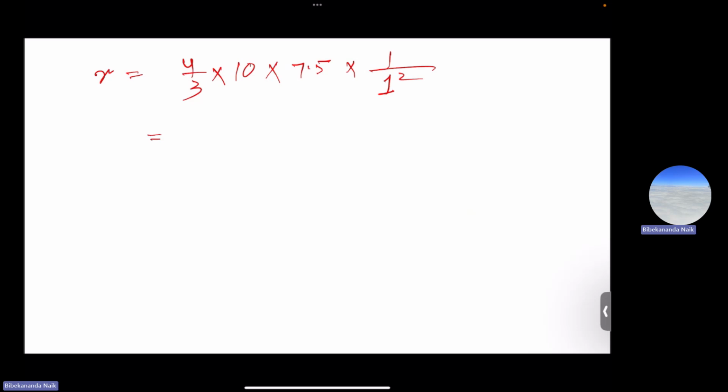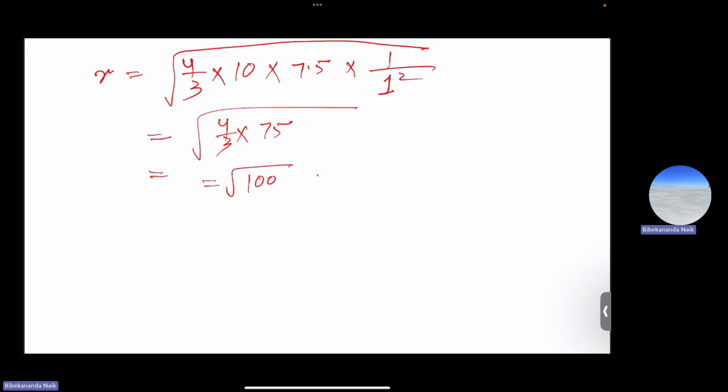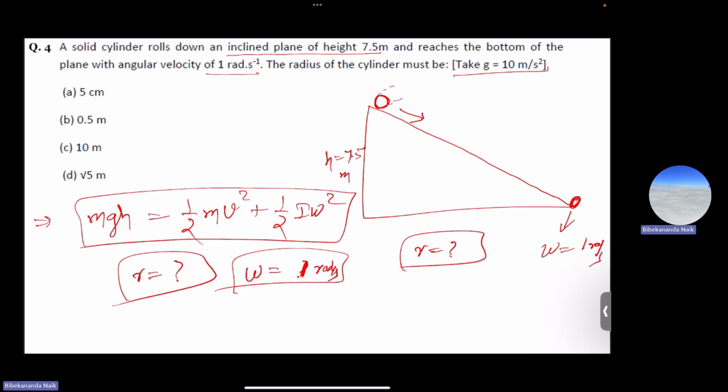When you calculate, you will get 75. So 4 by 3 into 75, square root, so it is square root of 100, that is 10 meter, because all the units we are using are SI units, so it will be in meter. So the correct answer is option C, that is 10 meter.